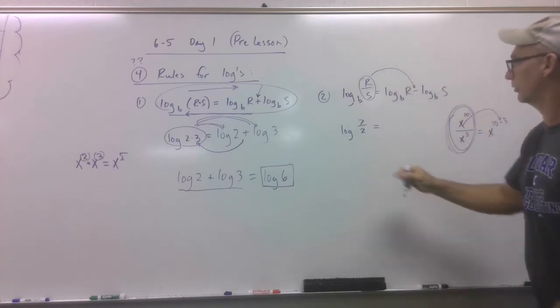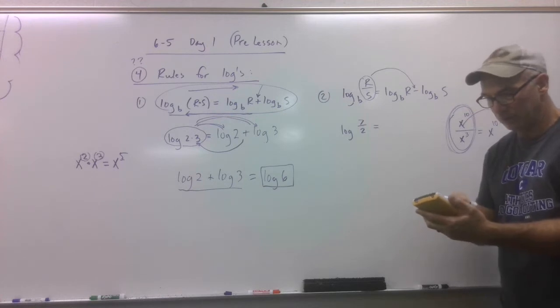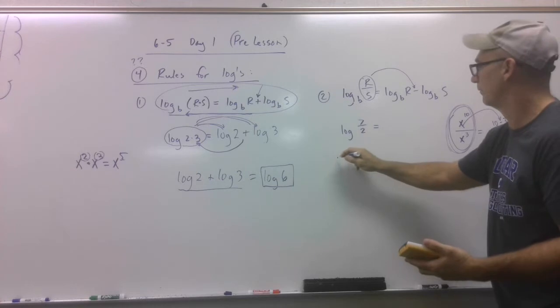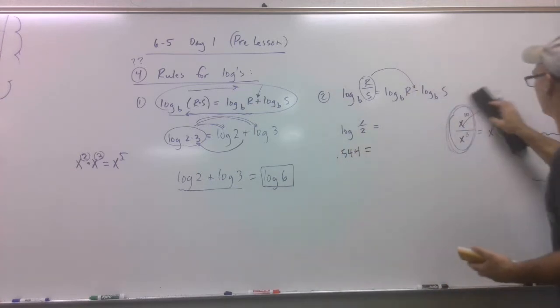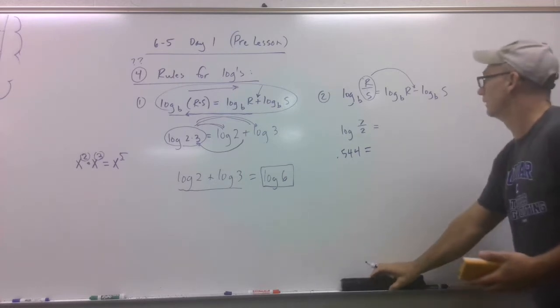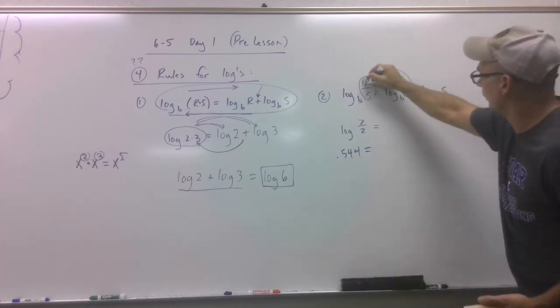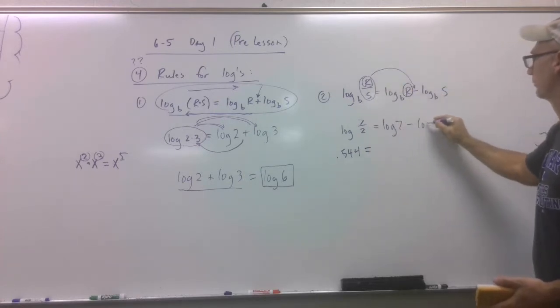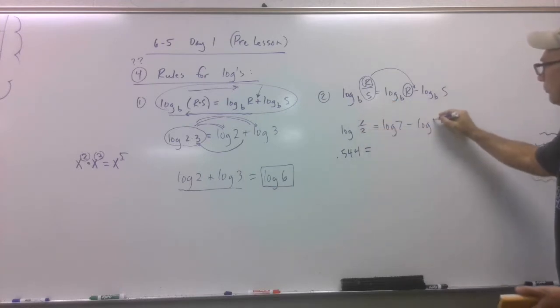Now let me prove it to you. I'm going to take this log of 7/2, and I'm just going to go log of 3.5, because that's what it is, 0.544. Now let's apply this rule to it, see what happens. So notice the top portion comes first, so that's going to be log of 7 minus, and whatever's in the bottom is what I put here, 2.